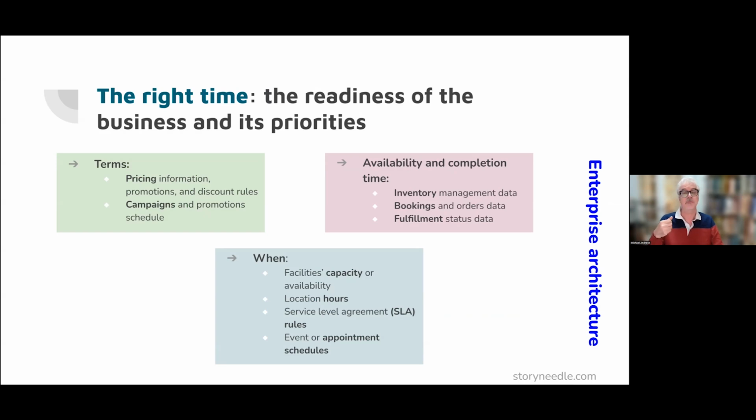Well, if they need it right now, we need to start considering what stores are open right now where someone can go and pick up this prescription. That kind of information gets factored into the orchestration. So when something is available is very important. These kinds of things are defined in what's called an enterprise architecture. They are managed by a lot of data systems that big organizations have, but they're used in the orchestration.